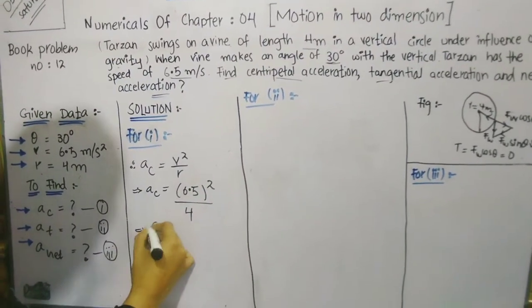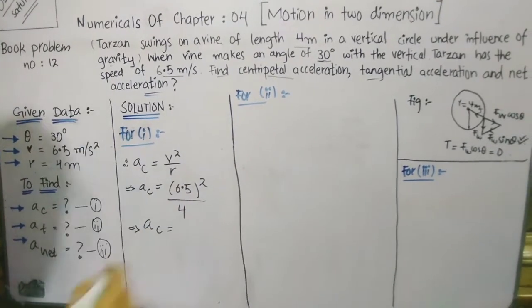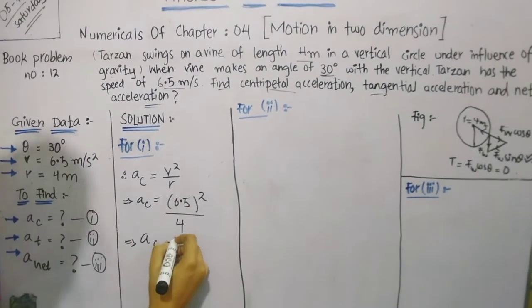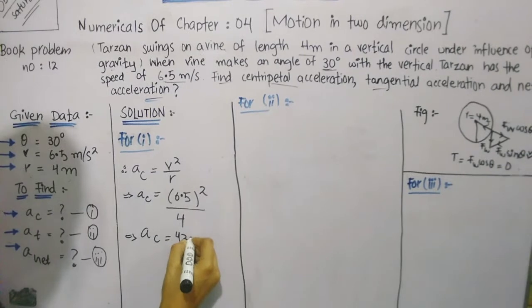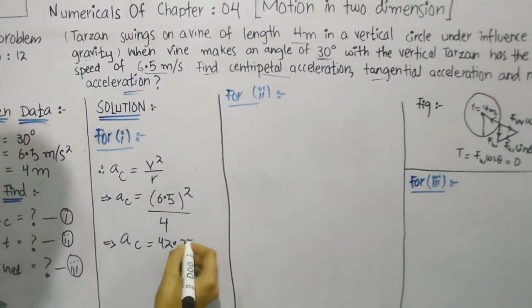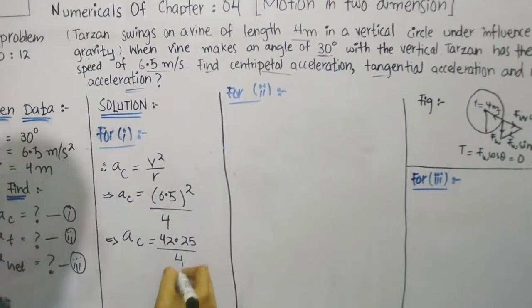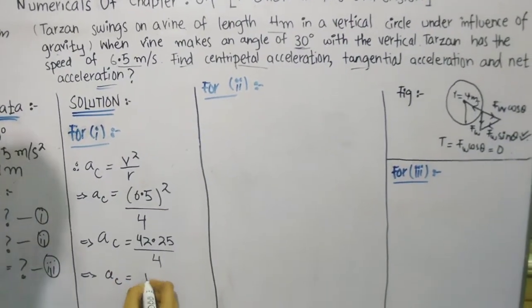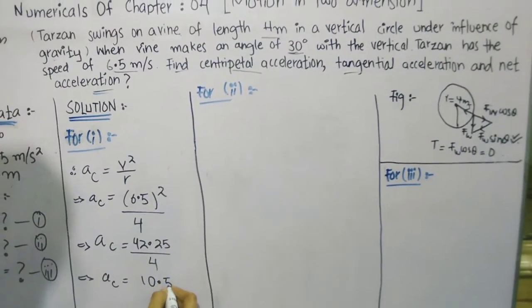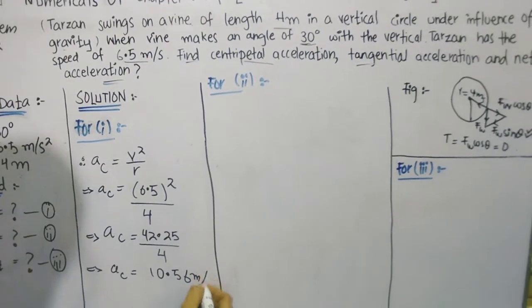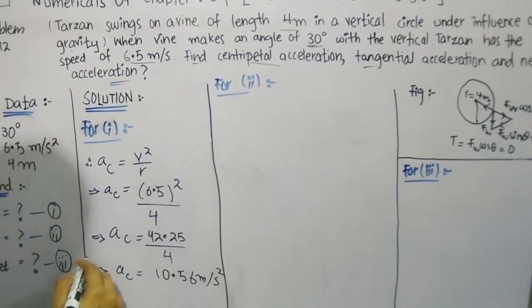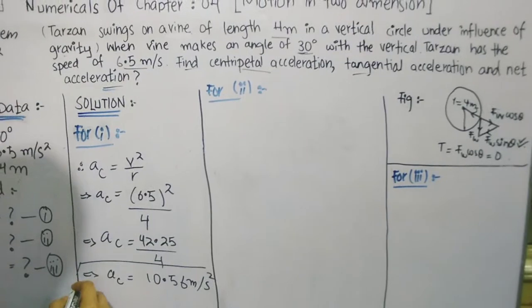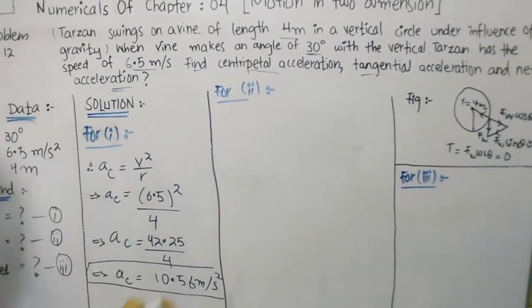First we solve the square, and the answer is 42.25, divided by 4. That's just mathematics, and our answer is 10.56 meters per second squared. Never forget to put the unit. So our first part is complete.